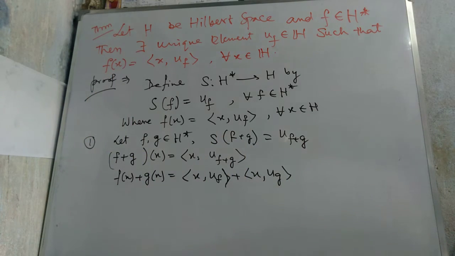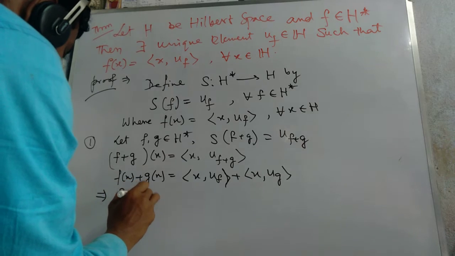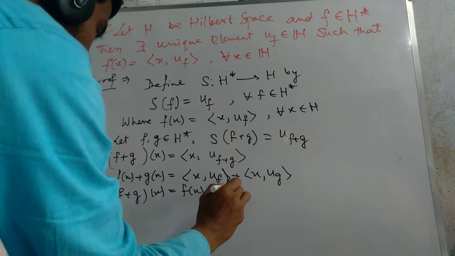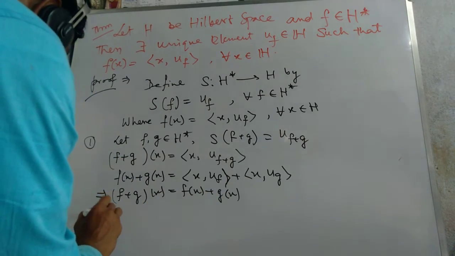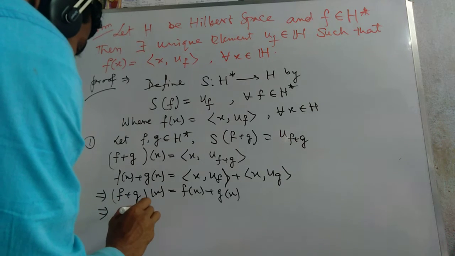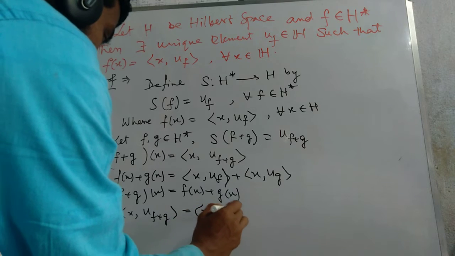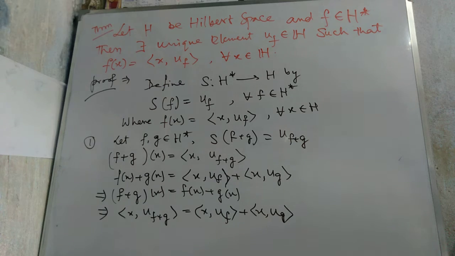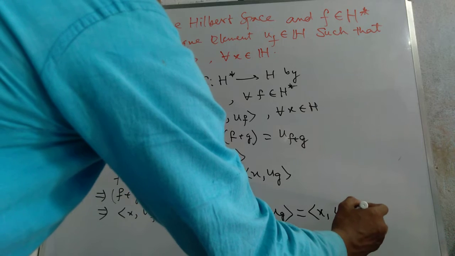Then how do we handle it? We know that (f plus g)(x) equals f(x) plus g(x), and this implies (x, u_(f plus g)) equals (x, u_f) plus (x, u_g), which equals (x, u_f plus u_g).